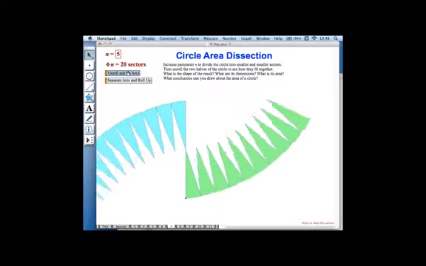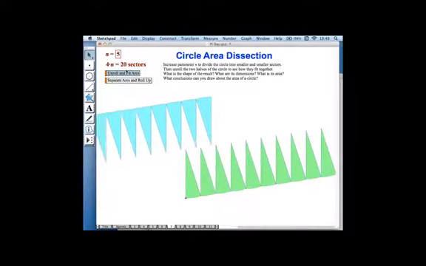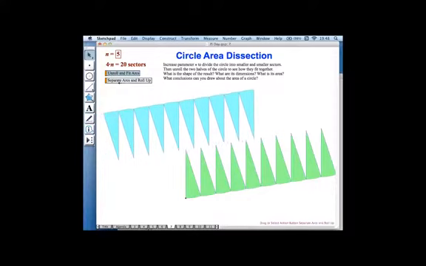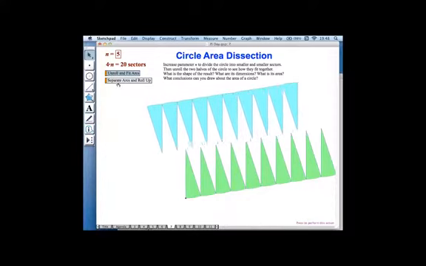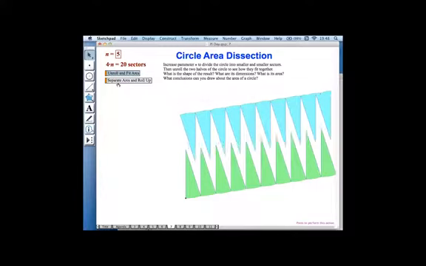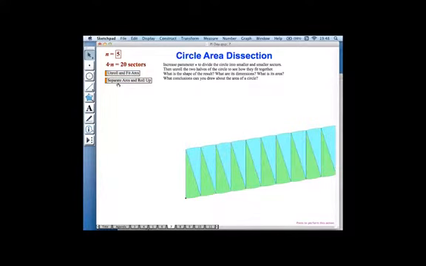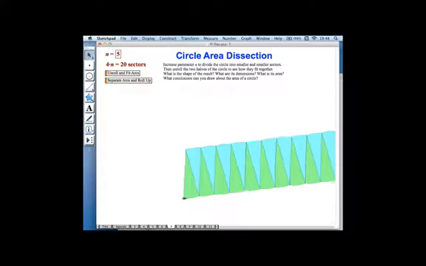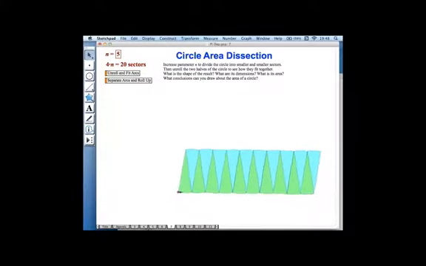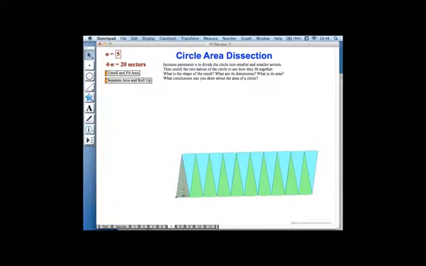Thanks, Scott. So this one, sinking your teeth into it, is the one with the teeth. This is a similar dissection, but with a little bit of a variant to it. We're going to do some unrolling here too, but we've split the circle along all these sections, and the only pieces that hold together are the 2 semicircles that border the green and the blue.